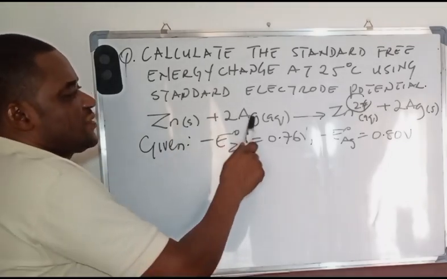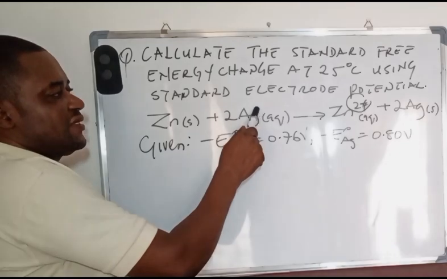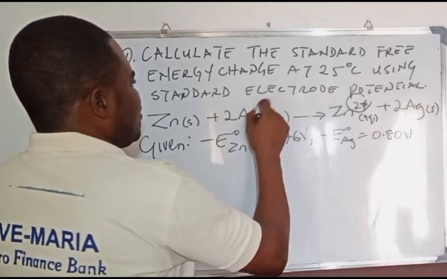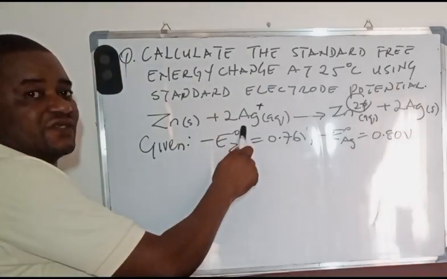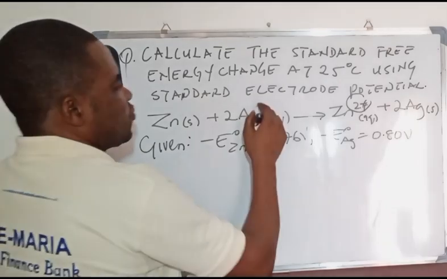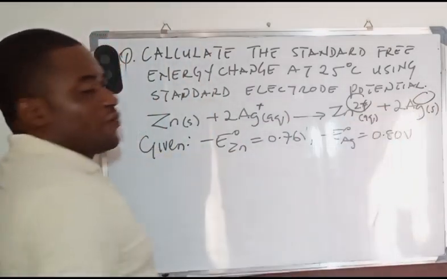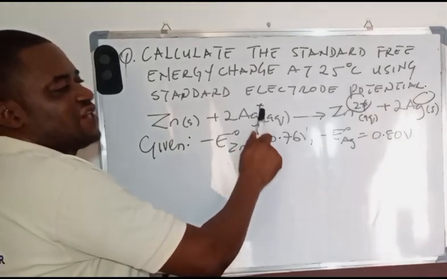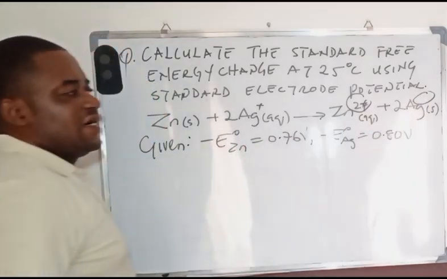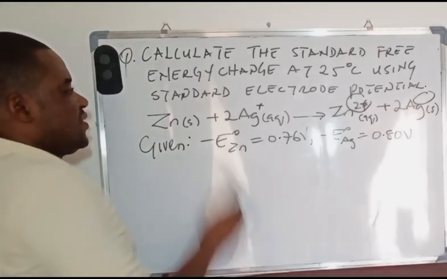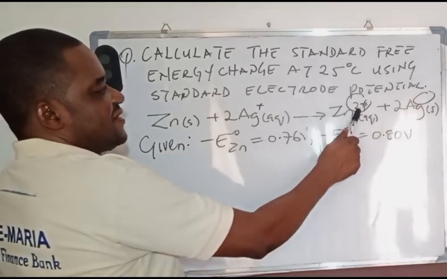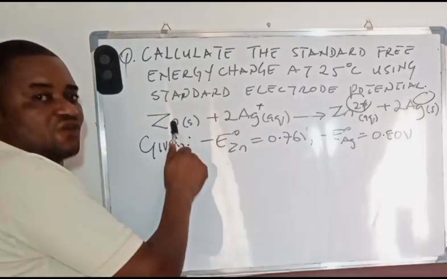And the silver is still silver. It has a charge of plus 1 in this equation. Now you will see that this charge of plus 1 is lost at this point, so it is at a standard state at this point, 0. So silver has lost this charge of plus 1 to become reduced. So zinc has an increase in charge at the product, so zinc is oxidized.